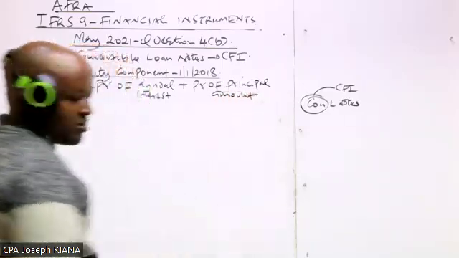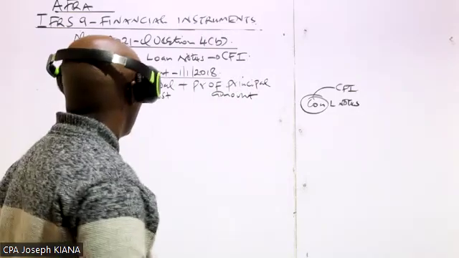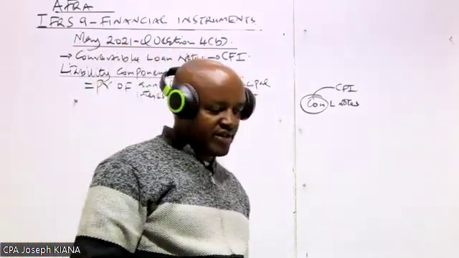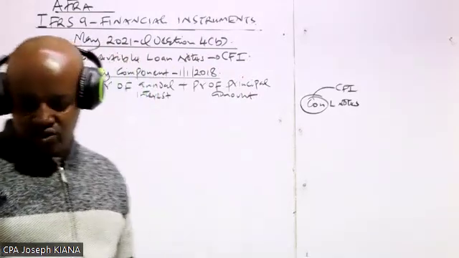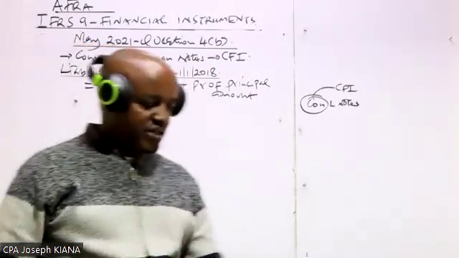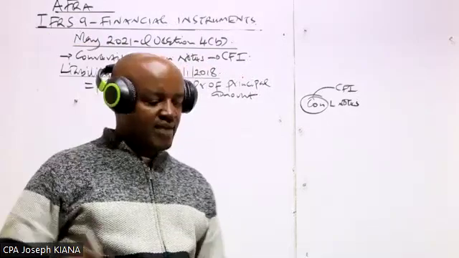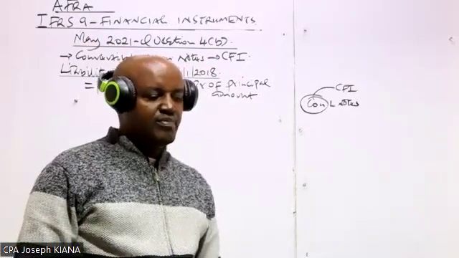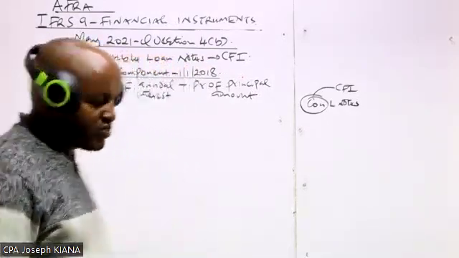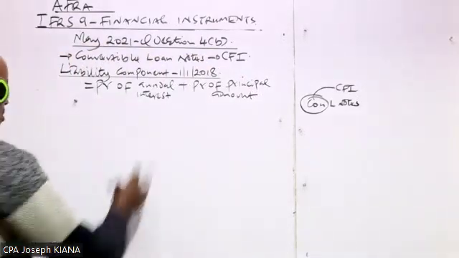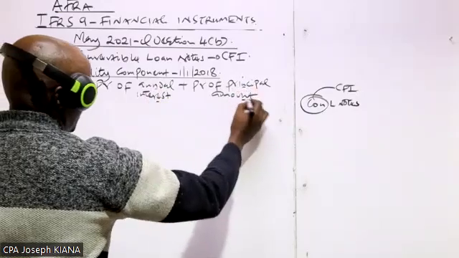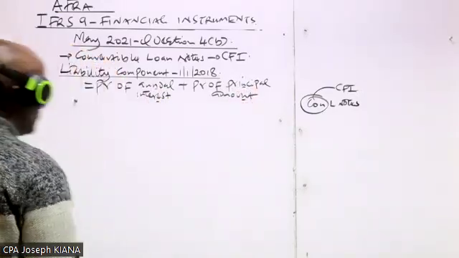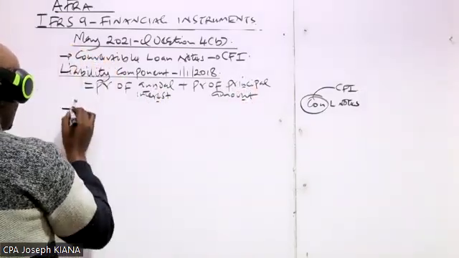Those are the two values we need to determine. We need to determine the interest to be paid by this company on an annual basis and the principal amount, and then we discount them to get their present value. So let's determine the annual interest first, then the principal amount, and then we discount the two items.